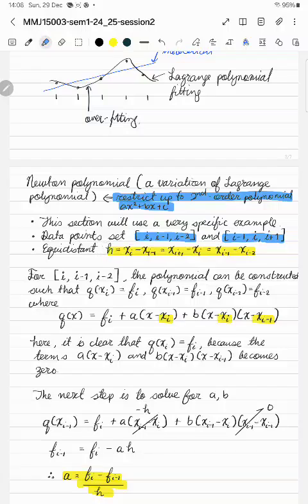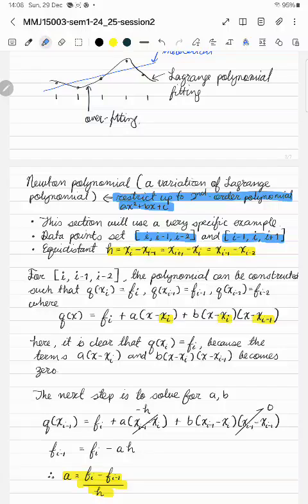Now, for the Newton polynomials, the formal definition of the polynomial is q(x). We're going to use the letter q here. So f_i is the center of our interpolation, meaning that this will be our reference point.